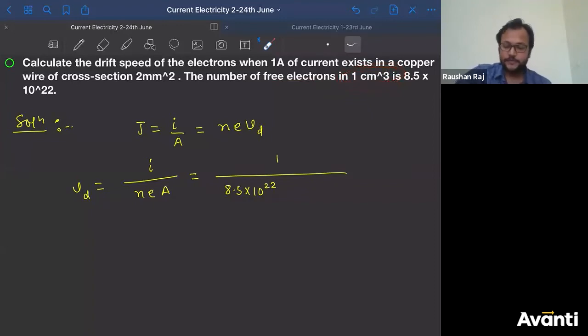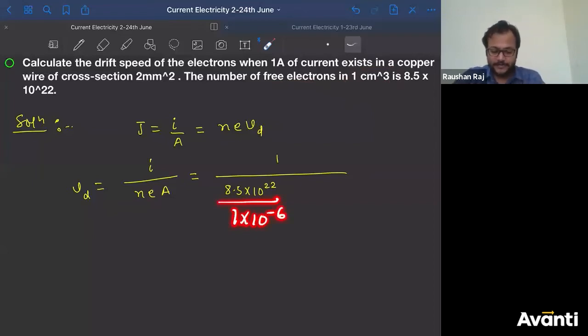All right. Few of you will multiply 10 to the power 6 in the denominator, or few of you will multiply 10 to the power minus 6 here. That will be wrong. What happens is, this is the number of free electrons per unit volume, and volume is in per centimeter cube. You have to convert that into meter cube. So 1 centimeter cube will be 1 into 10 to the power minus 6 meter cube.